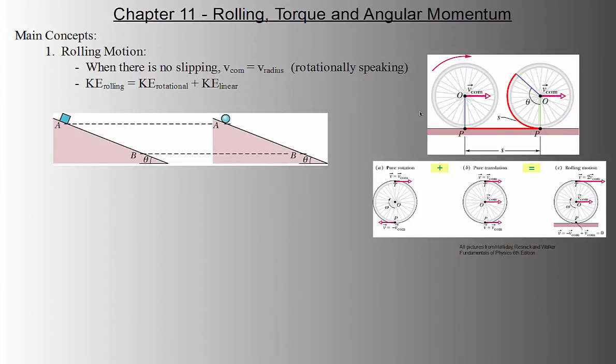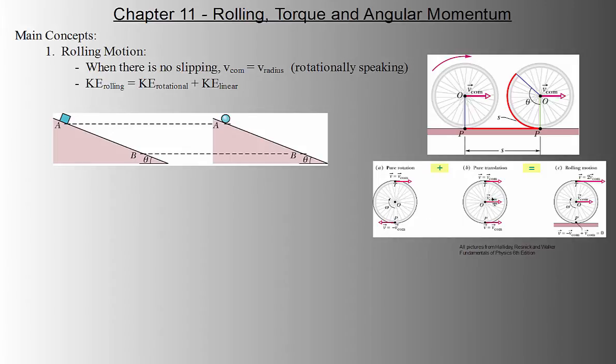And so that's essentially why the velocity of a point on the radius, which is like a point right here at P, equals the velocity of center of mass. You can see that down here for pure rotation. Velocity at a point on the radius v equals velocity of center of mass.